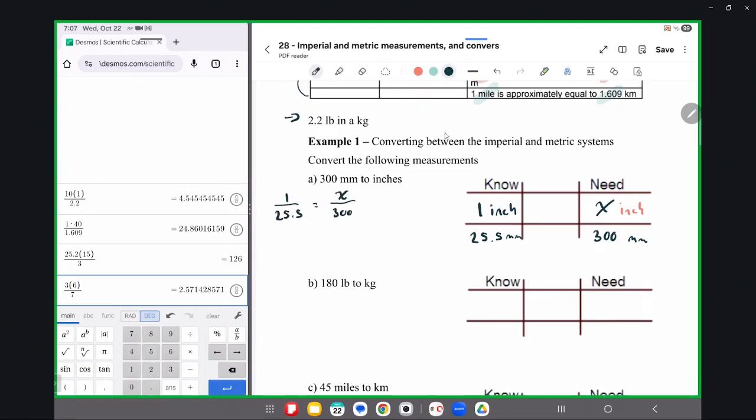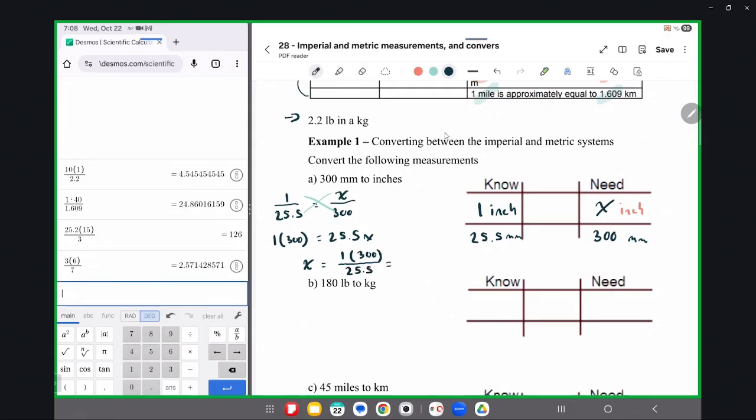Using the means and the extremes, we have 1 multiplied by 300 is equal to 25.5x, which means x will be equal to 1 multiplied by 300 divided by 25.5.